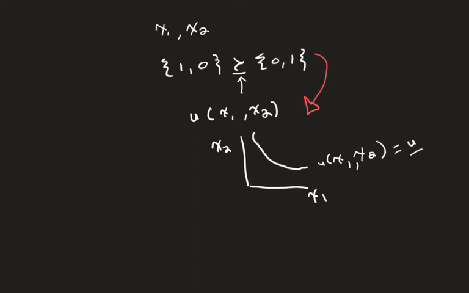This curve that we've drawn here is called an indifference curve, and it's just that. It tells us all those combinations we're indifferent to for a given level of utility.